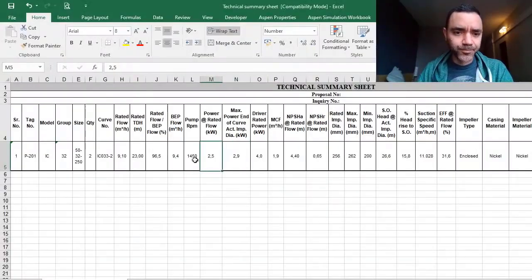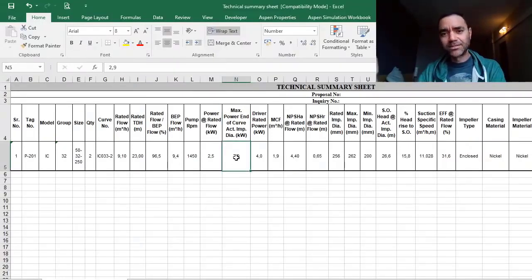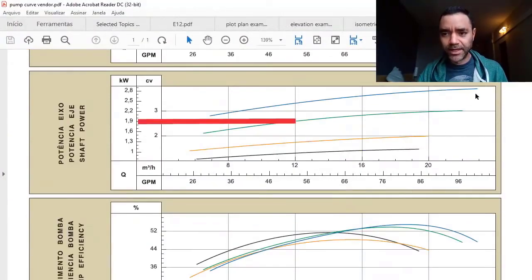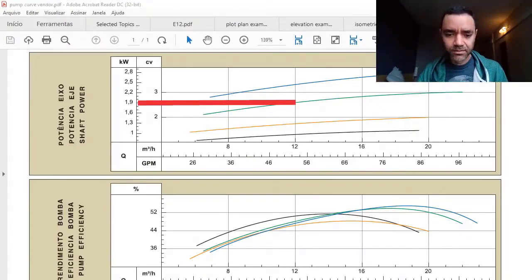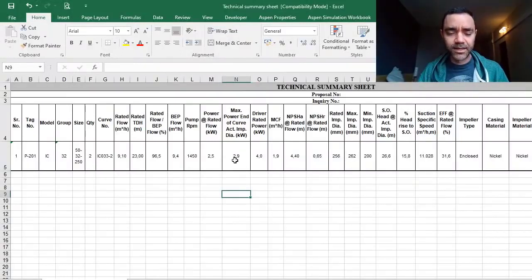Okay, so you have the power at the rated flow. This power is related to this flow, and we have the maximum power and curve, and it is related to the maximum. If we take this as reference, this is related to the end of the curve. Here, for instance, it is 3 CV, and here it is about 2.9 kilowatts.